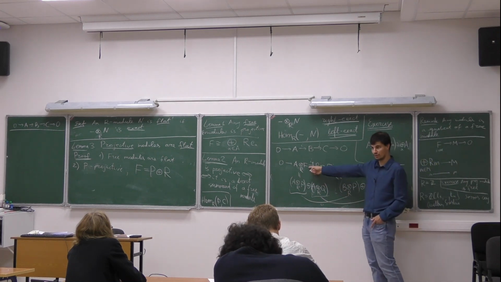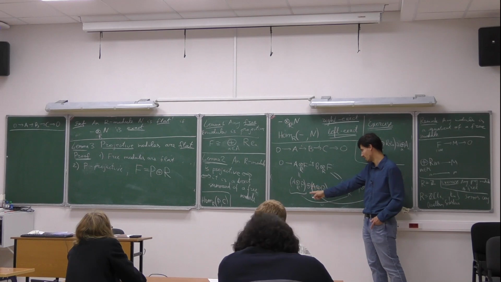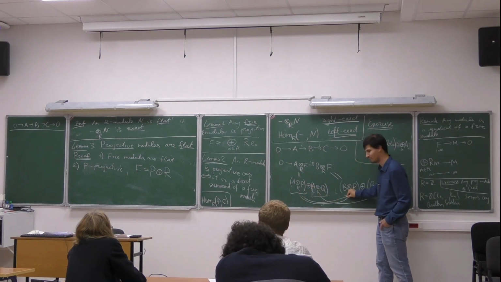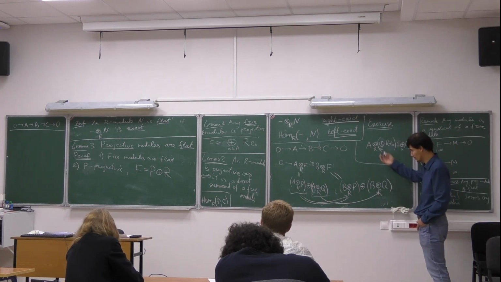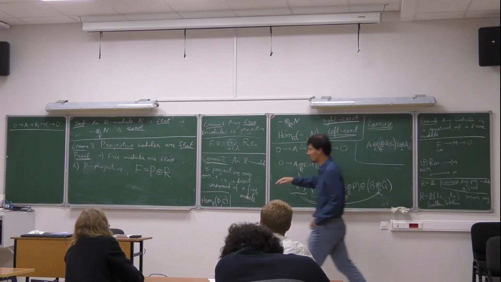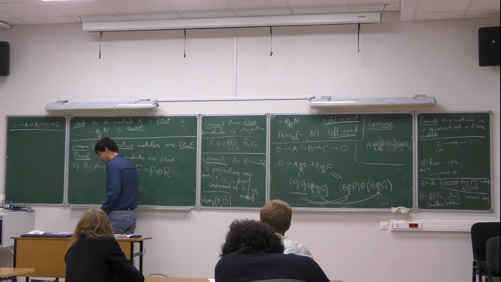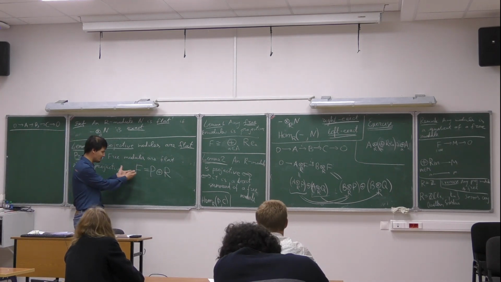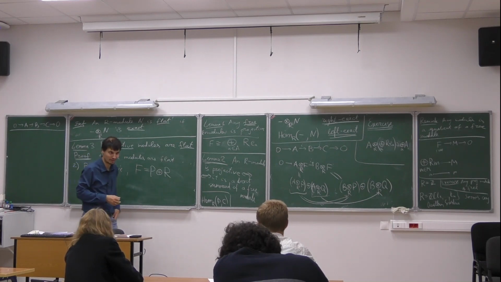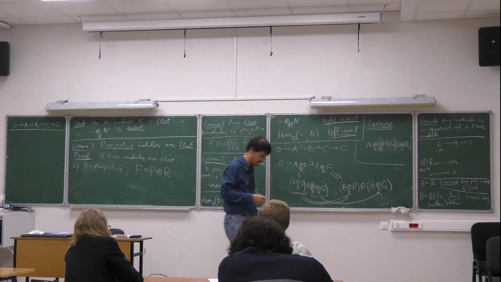So if we know that the whole homomorphism is injective, then the first homomorphism is also injective. Actually it is trivial that if a module is flat, then any direct summand is flat. So in particular, all projective modules are flat.